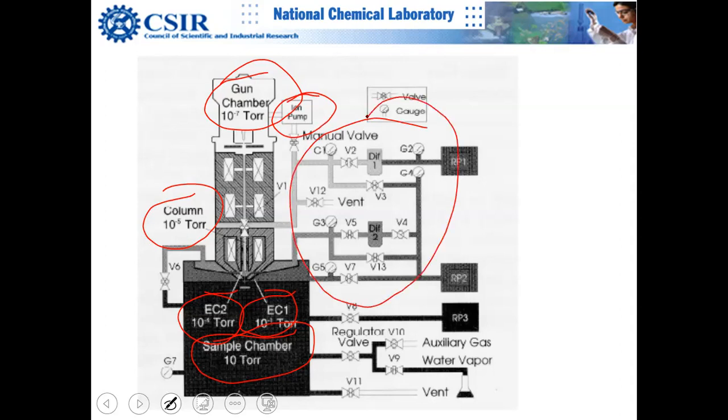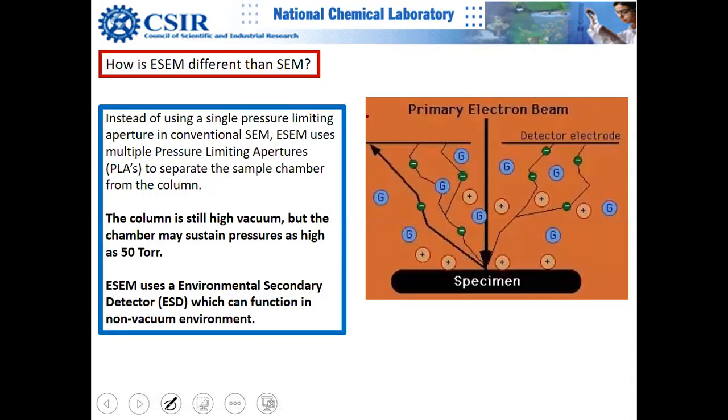Anyway, but let's look at the science. What I told you is that in ESEM, you do not need to coat the sample. The trick is simple: when you bombard the primary electron beam onto the sample, you will obviously be ejecting lots of electrons, secondary electrons or backscattered, whatever it is.